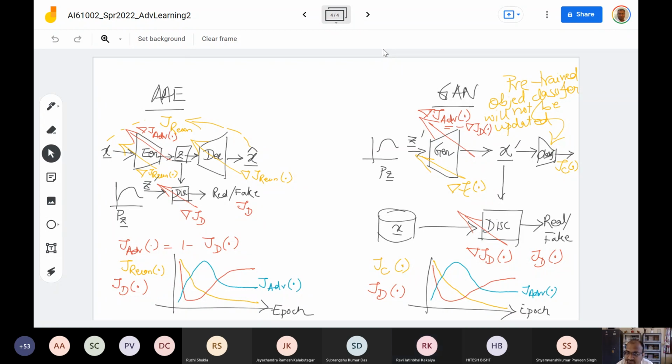Yes. So our fake images will be just like real images, so that the discriminator will not be able to discriminate whether it is real or fake. So that is why 50% accuracy. Right? Yes. Okay, sir.